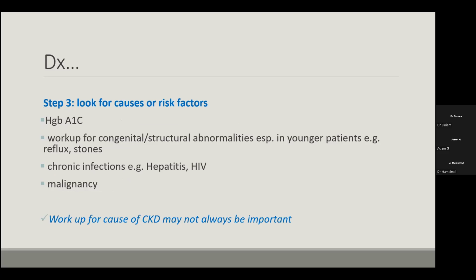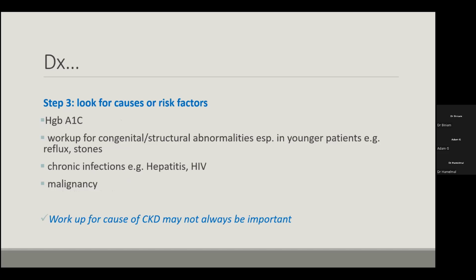The third step, after we do renal function based analysis, is to look for causes or risk factors. Looking for the cause may not always be important or beneficial. It may not always be cost effective, but there are some causes that are relevant. For example, diabetic kidney disease as a cause of CKD, the management is different.